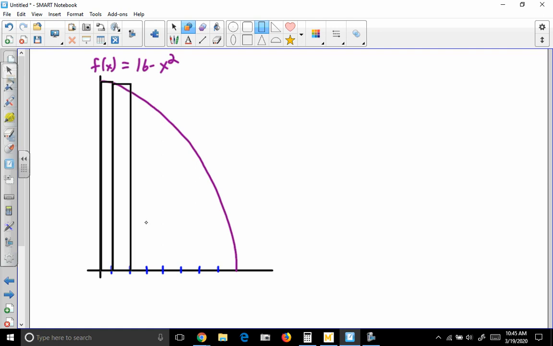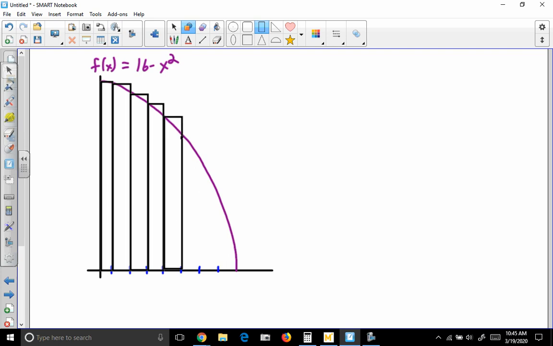Then, while we're going to have more rectangles, since our rectangles are not very wide, we're not going to include as much extra space at the top of each one of them. Or if we were doing a right-handed sum, we would not be omitting quite as much.